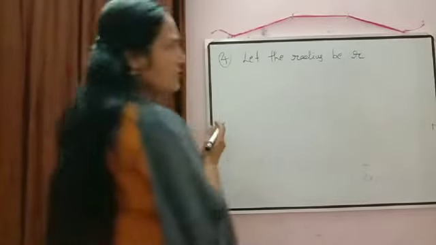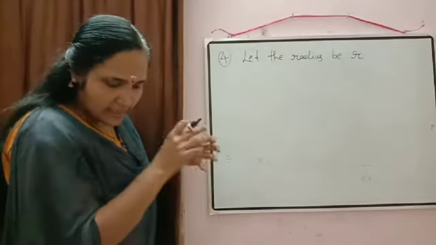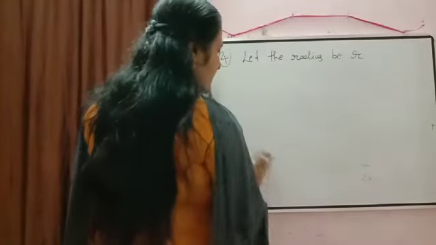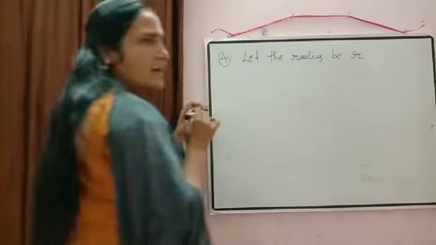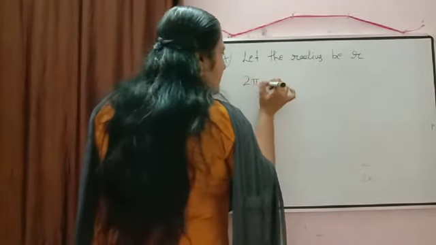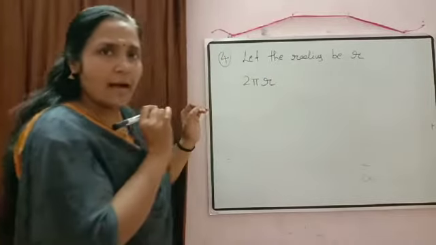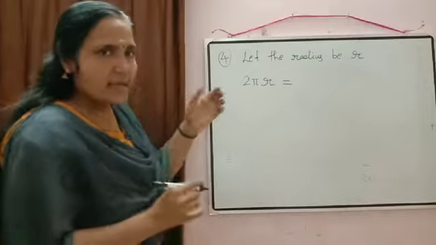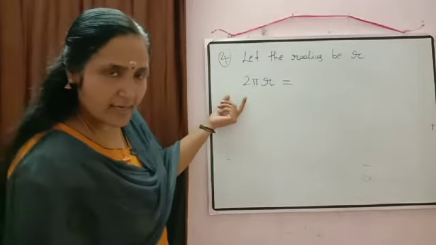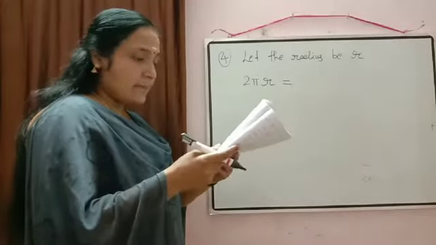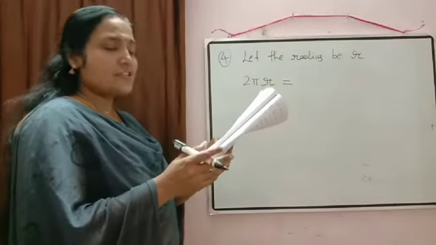Now according to the question, what is given? The circumference of our required circle. We have taken the radius of our required circle as r, so the circumference of our required circle will be equal to 2 pi r. In the question, the circumference of our required circle is equal to the sum of the circumference of these two circles.